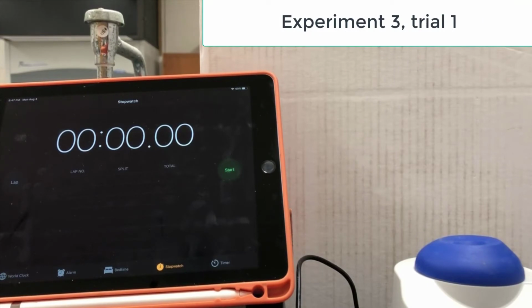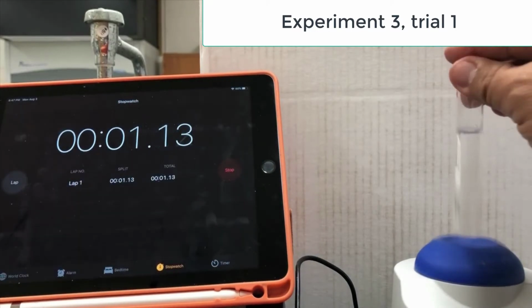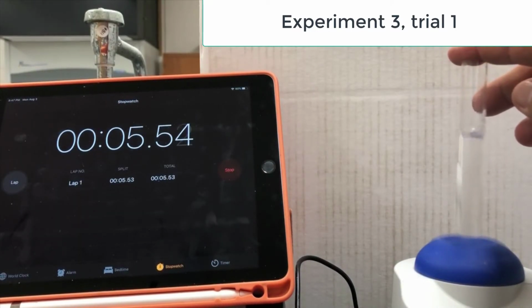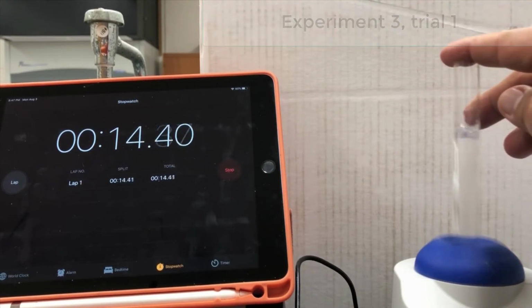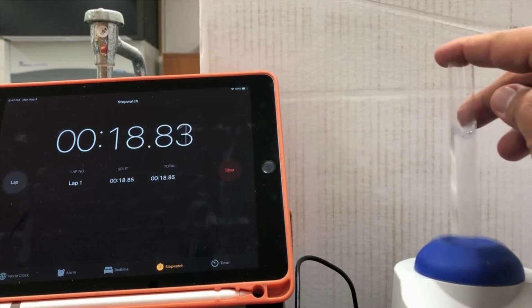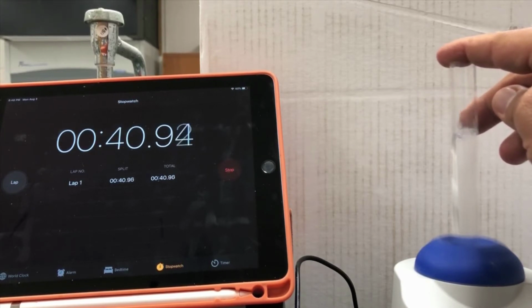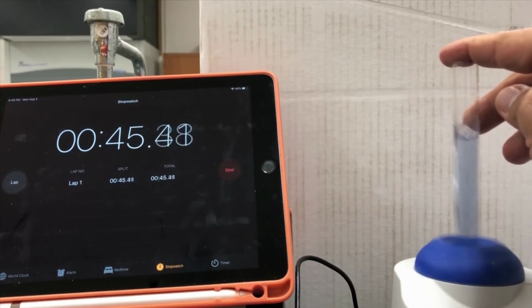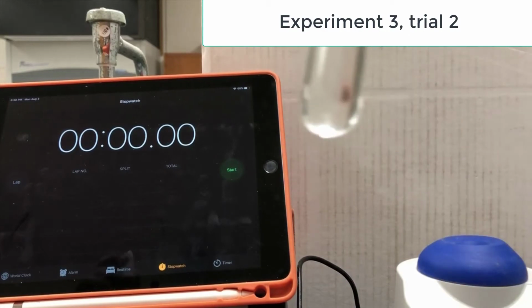So this is experiment 3, trial 1. This is experiment 3, trial 2.